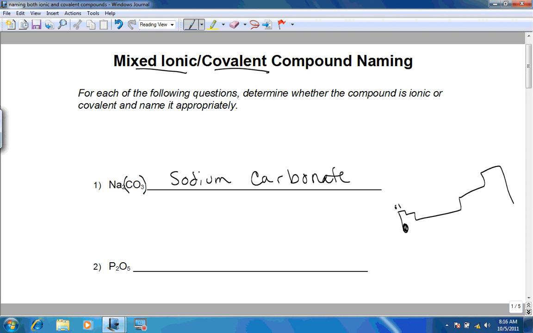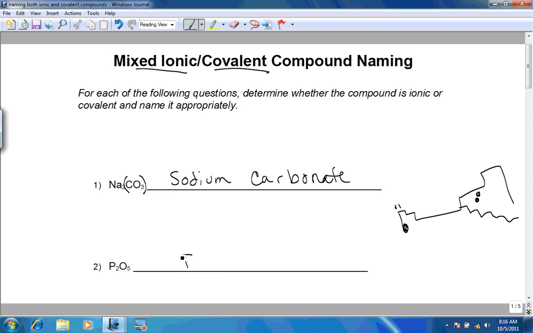Number 2 is P2O5. Phosphorus is here, and oxygen is here. Notice that when we're looking on the periodic table, they're both nonmetals. That means those electrons are going to be shared, which means that we're going to be using the rules for molecular compounds, because it forms a covalent compound rather than an ionic.